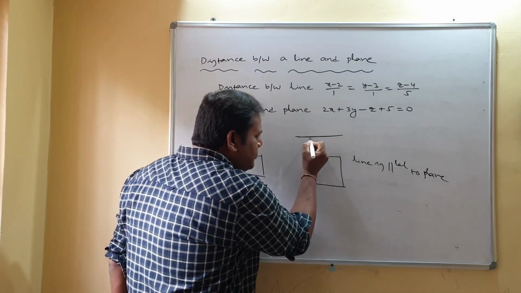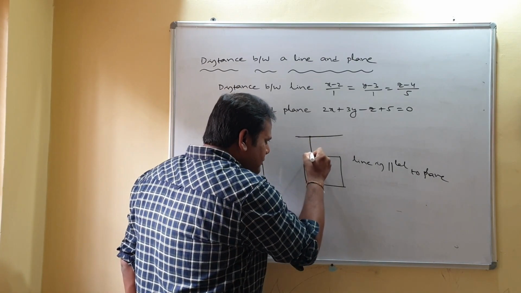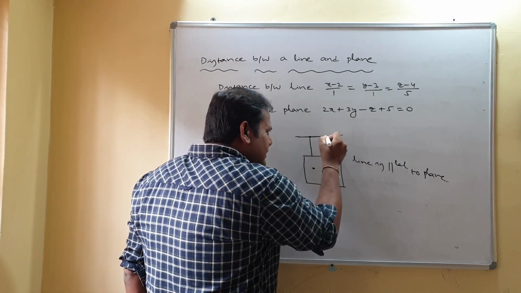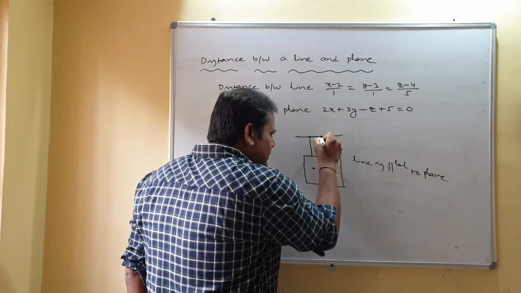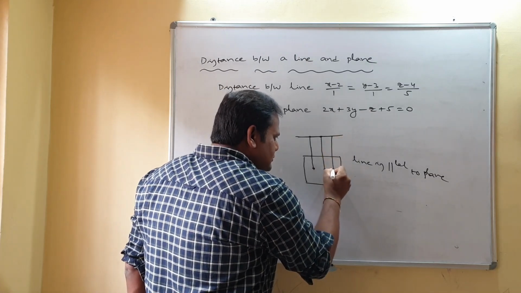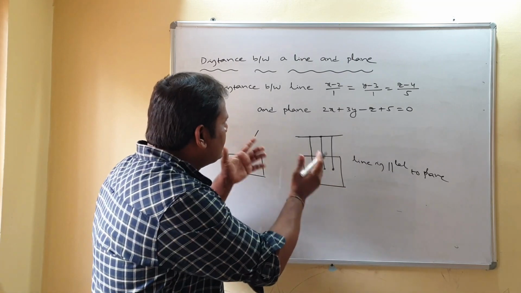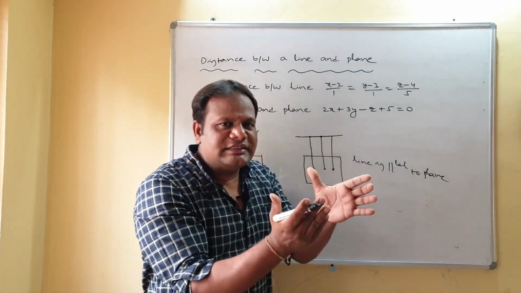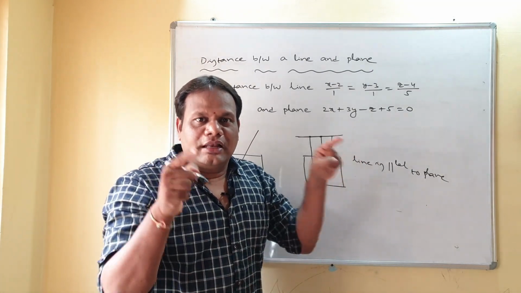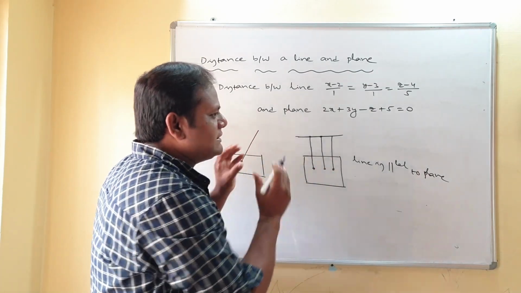You take any point on the line and drop a perpendicular to the plane. So this is the perpendicular distance from a point to plane. So if the line is parallel to the plane, then only the distance exists.